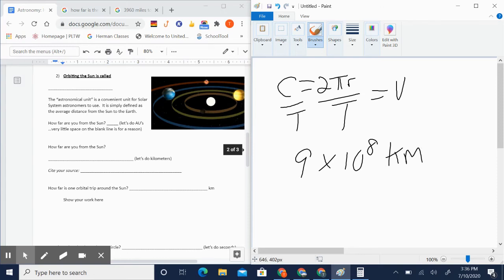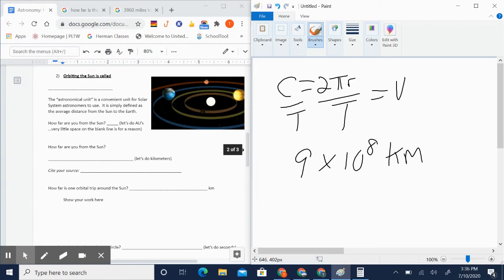They'll have a little bit more solid of a number than that, but that's the idea. If they extend the idea that there are 60 seconds in a minute, 60 minutes in an hour, 24 hours in a day, 365 days in a year, and if they want to do 365.25, that's all fine.